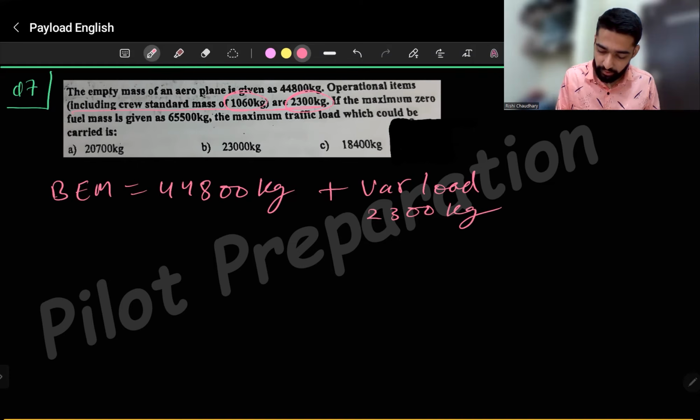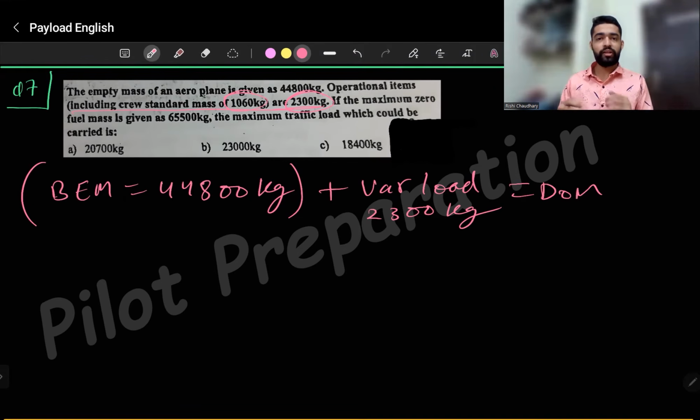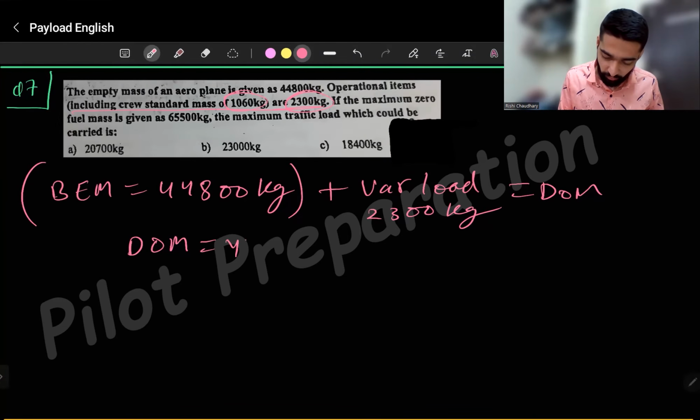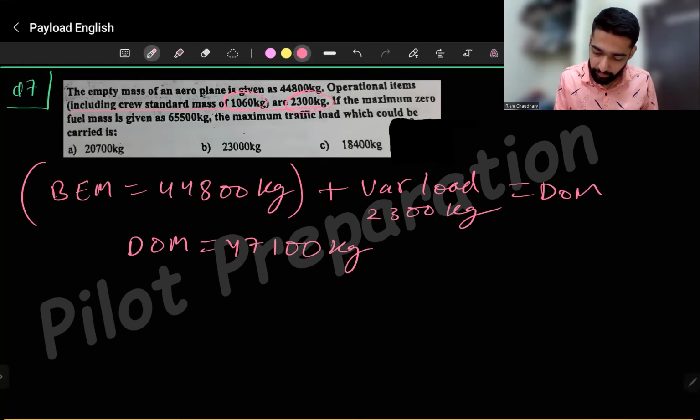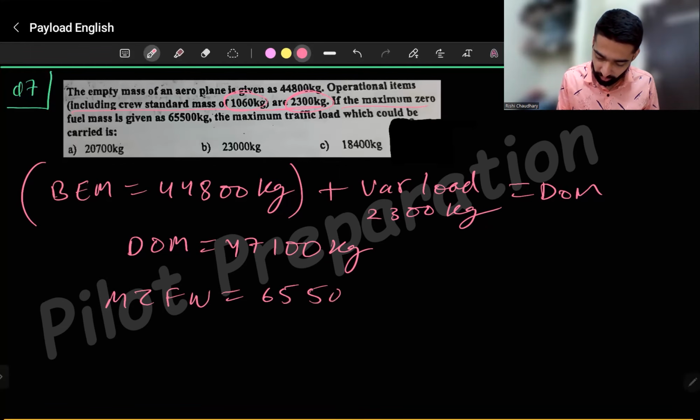So this will be basic empty mass, and this total is my dry operating mass. Correct? So I can say 44,800 plus 23,300 equals, so dry operating mass is 47,100 kg. Now, the maximum zero fuel mass is given, MZFW is given as 65,500 kg.